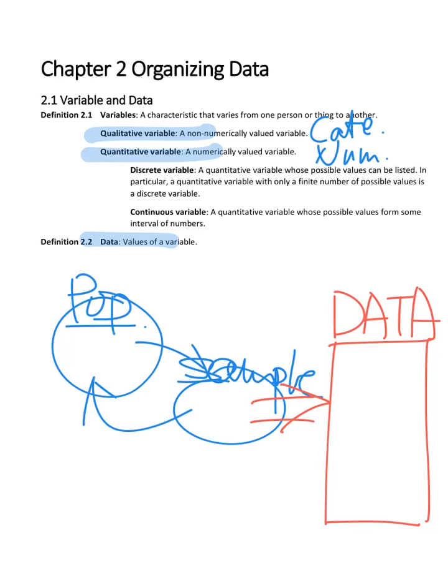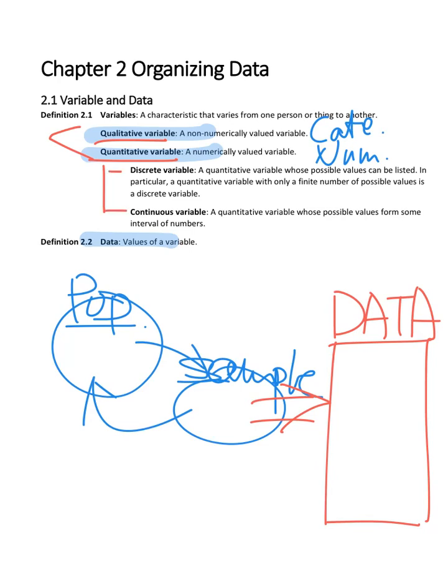So the math scores, major, age, gender, they are all variables. But we have only two types. Categorical or numerical. Only two types. But the numerical one, the quantitative variable, has another two types.